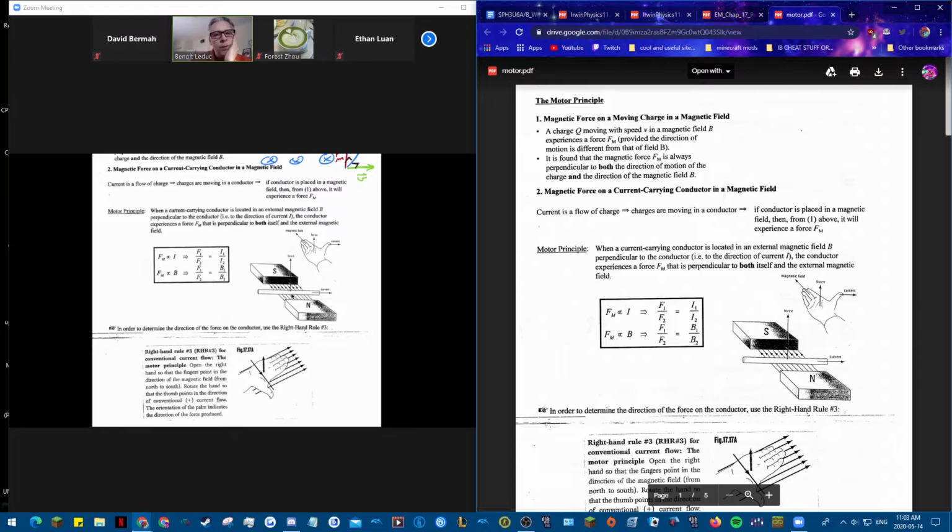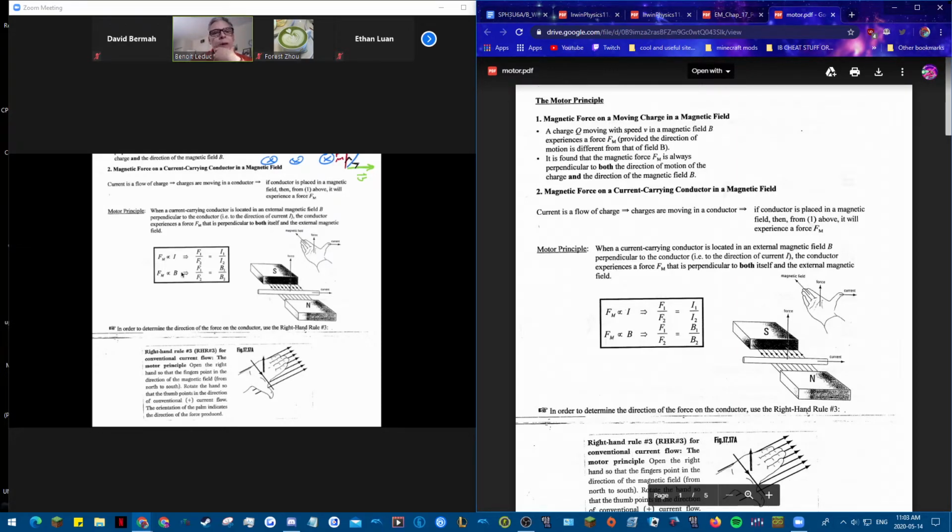For the same current, if you increase the intensity of the magnetic field, the magnetic force will also increase, and it'll also be proportional. So if you double the intensity of the magnetic field, keeping the current the same, the magnetic force experienced by the wire will be twice as much.